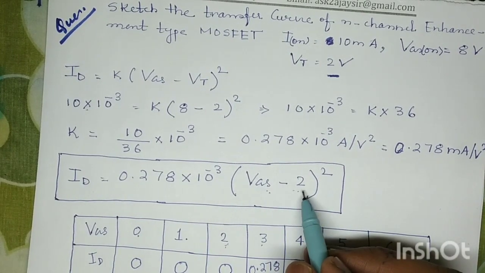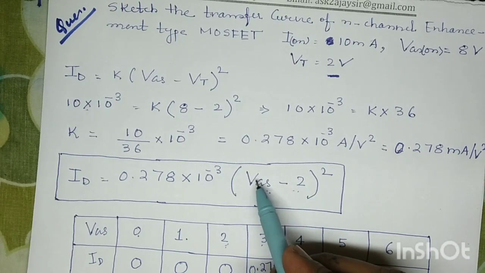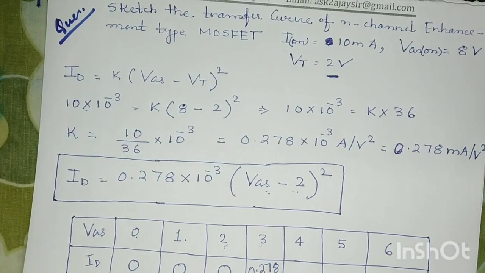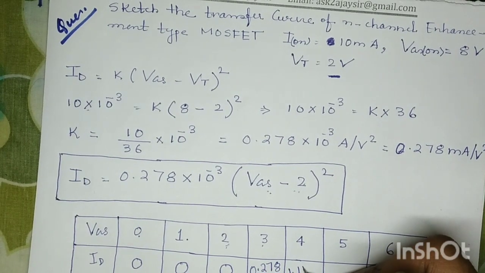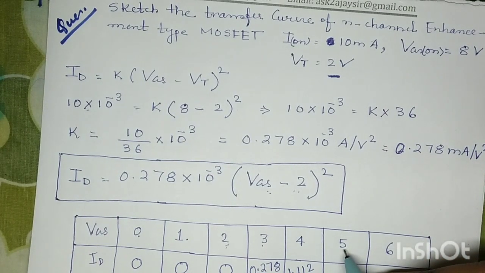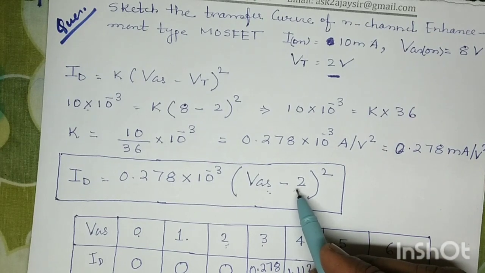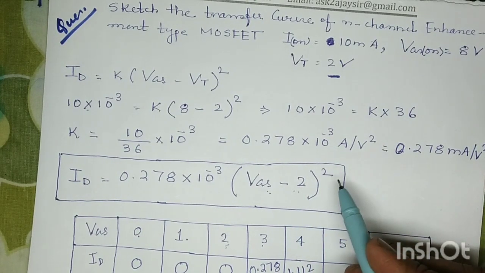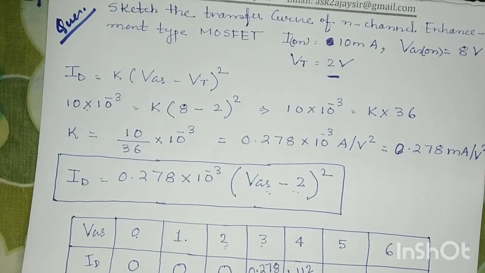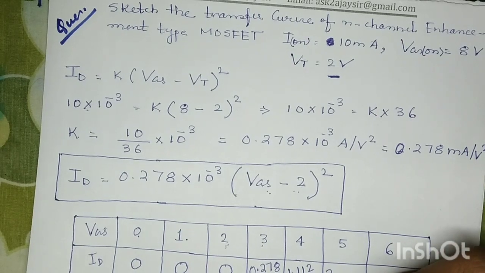Next we will substitute VGS equals 4, 4 minus 2 is 2, square of it is 4, so 4 into 0.278 is 1.112 milliampere. When you substitute VGS equals 5, 5 minus 2 is 3, square of it is 9, so 9 into 0.278 comes to 2.502 milliampere.